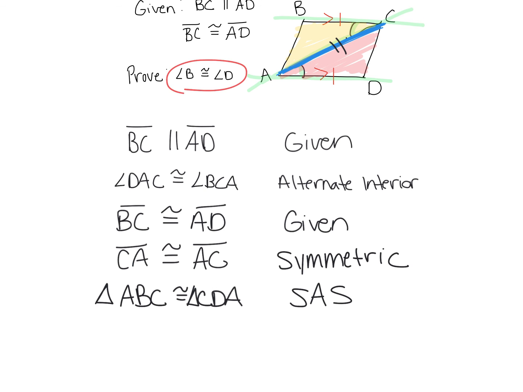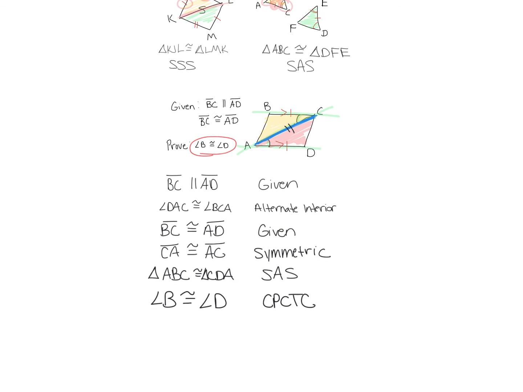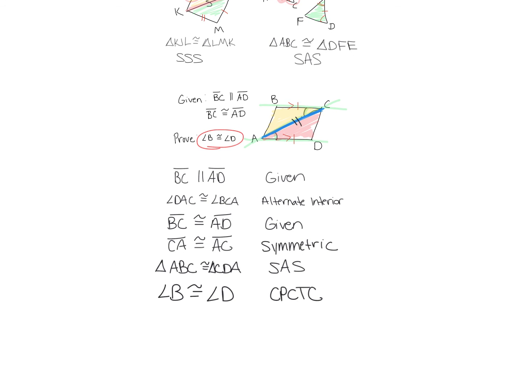I needed to prove that angle B is congruent to angle D, so I can go ahead and say that now. Angle B is congruent to angle D. And remember, this is our special 5 letters. After, I have to show that the angles are congruent first. So then it's going to be CPCTC. Okay? Again, go back through to where this is blank and see if you can do it on your own.